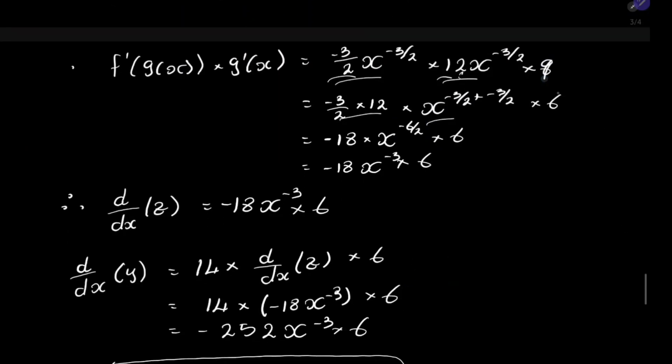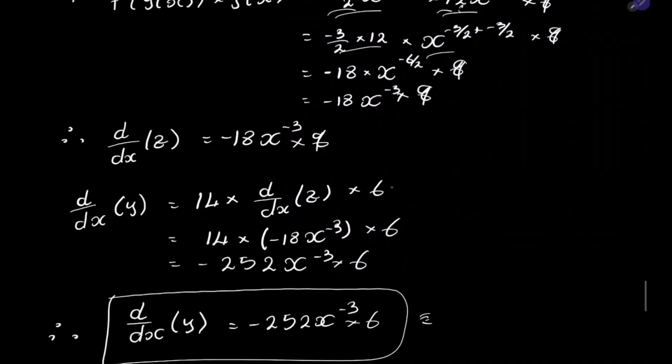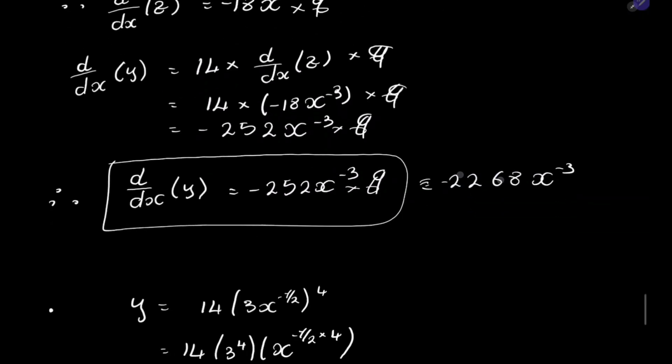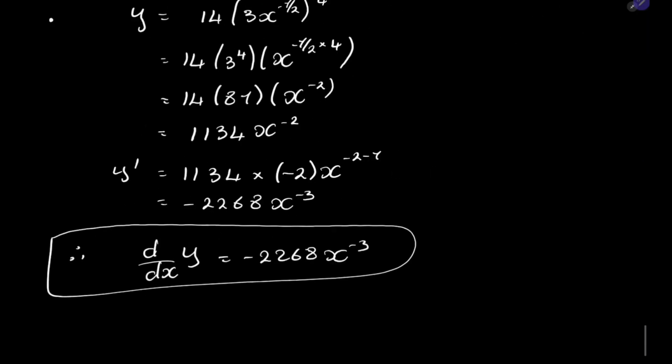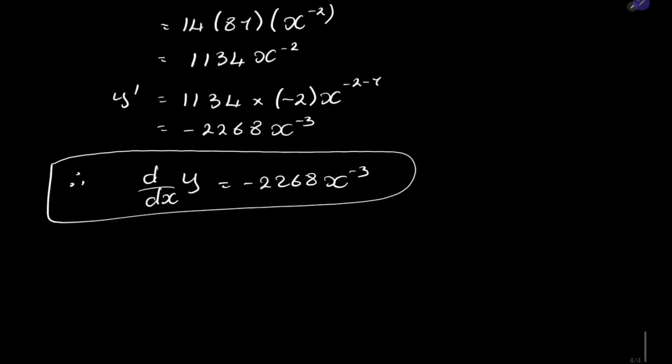So times 9 everywhere, and this gives us negative 252 times 9, which is our correct answer, negative 2268 x to the negative 3. So there was a simple error here, but it is corrected already. So the question is perfect.